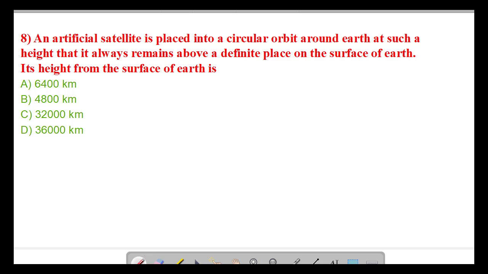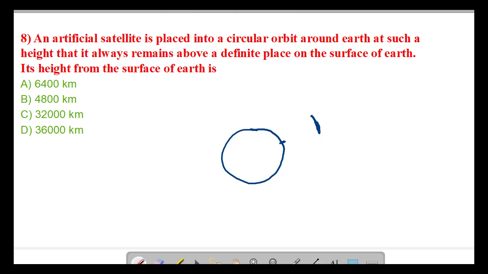Suppose I am drawing, this is the surface of the Earth. If there is a satellite at this point, a person standing here will observe that the satellite is not moving with respect to him. As the Earth spins around its axis, this satellite also moves in the same way.